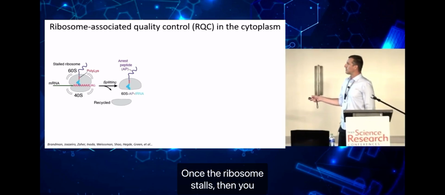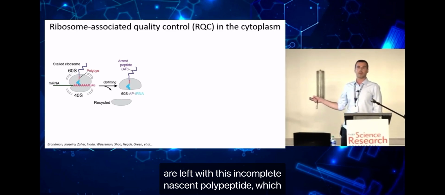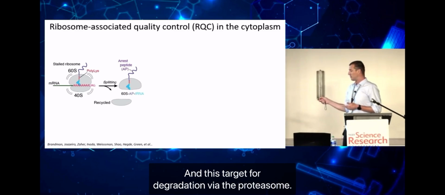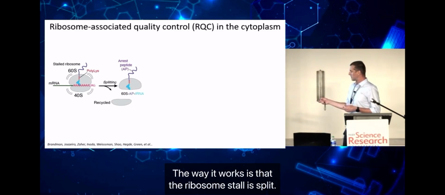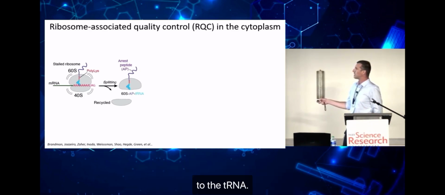Once a ribosome stalls, you are left with an incomplete nascent polypeptide, which must be destroyed by the cell and is targeted for degradation via the proteasome. The way it works is that the stalled ribosome is split. Now you are left with a 60S with the arrest peptide attached to the tRNA.